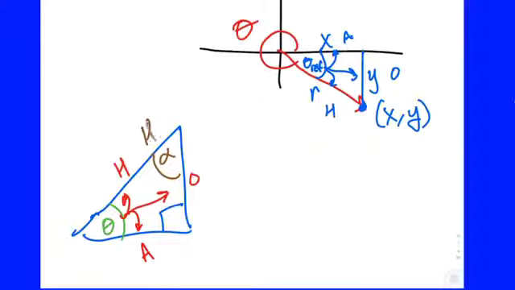The hypotenuse is still the hypotenuse, but are O and H the same now? No, if that's the angle to which I'm referring, that is now the opposite, and this is the adjacent. So in planar geometry, opposite and adjacent make sense because you can refer to either this top angle or the bottom angle. But in coordinate geometry, we don't need that.